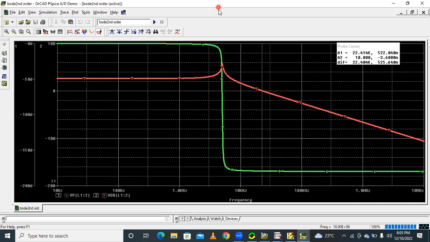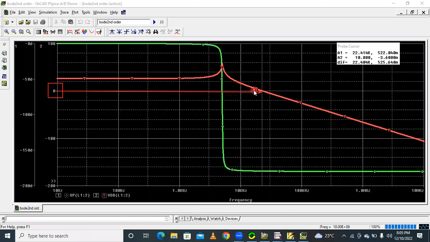Understood? Like this, the line is known as the 0 dB line.